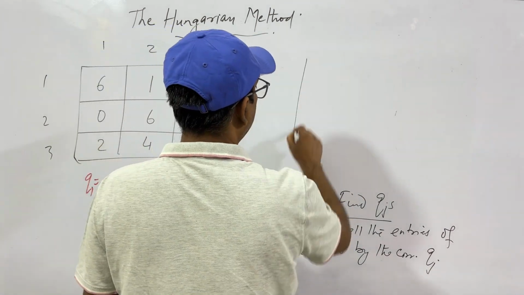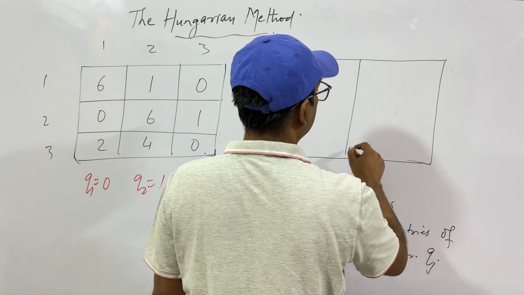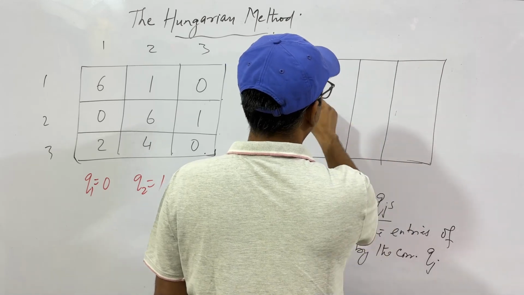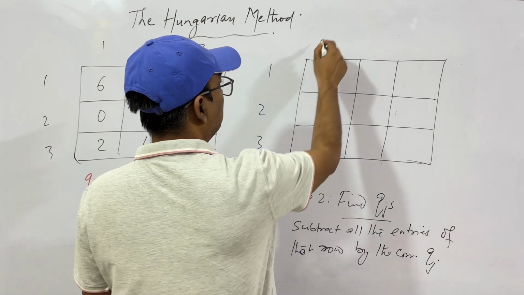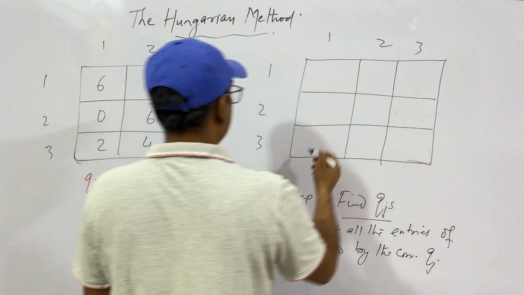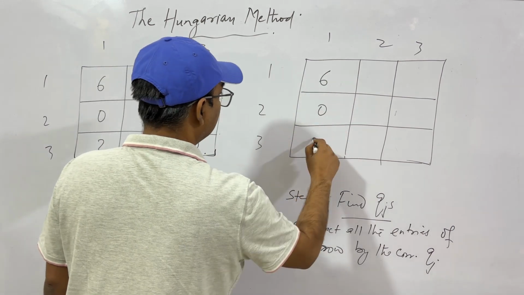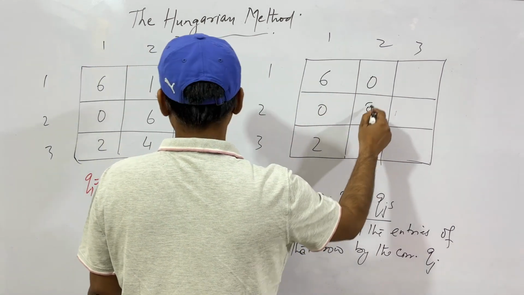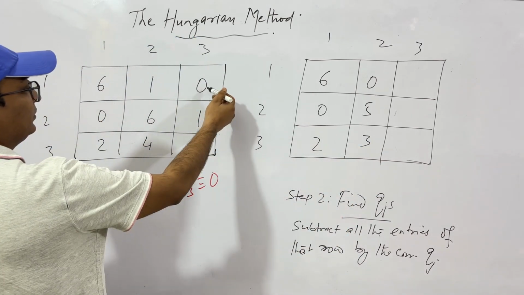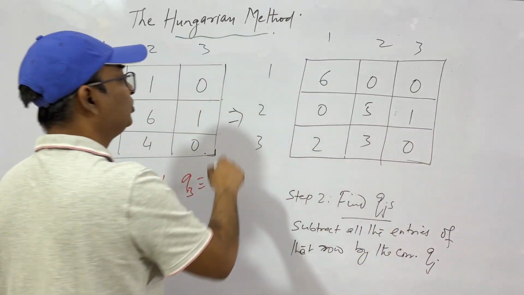Our new matrix will be like this: 1, 2, 3 are workers, and 1, 2, 3 are jobs. We subtract 0 from the first column, so it remains the same, 6, 0, 2. Then minus 1 from the second column, so it will be 0, 5, 3. Then minus 0, so 0, 1, 0. So this is our new matrix.